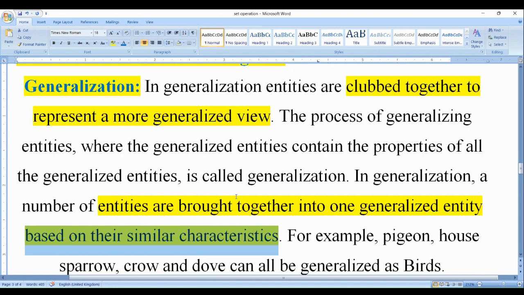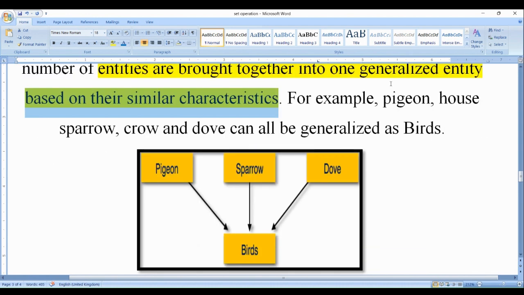If you say student, student is a person. Or if I say student XYZ, instead of writing XYZ, the name of student, we can give the generalized form that this is student. Okay, this particular person is student. So this is called as what? Generalization.